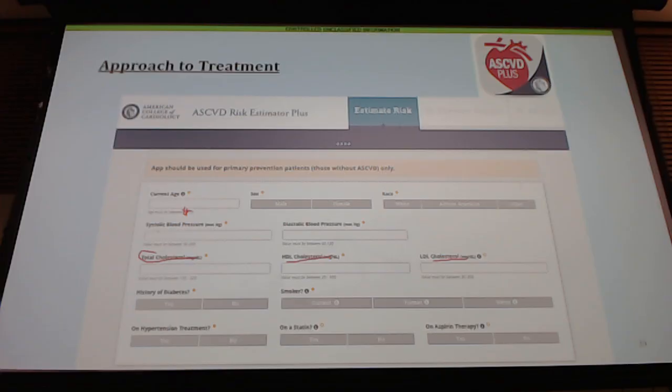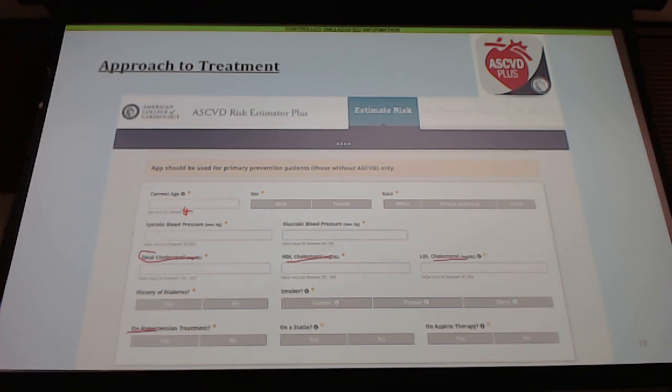And then I got to start plugging in patient history, because that history is going to be important to help me determine what their 10-year risk is. So, do they have a history of diabetes? Are they a smoker, or have they smoked before? Are they on blood pressure medications?